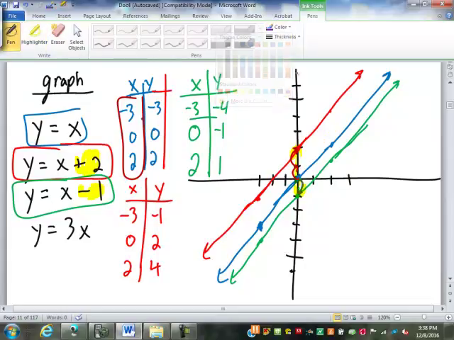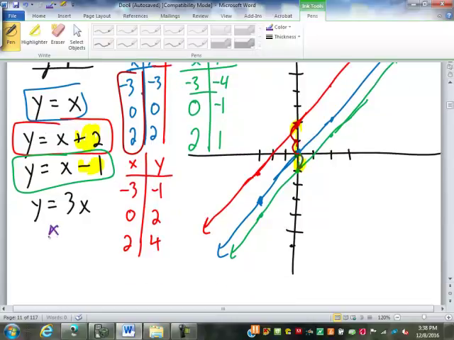Well, let's take a look at this next one. Y equals 3x. If x is -3, y would be, what's 3 times -3? -9. So -3, -9 is going to be somewhere down here.